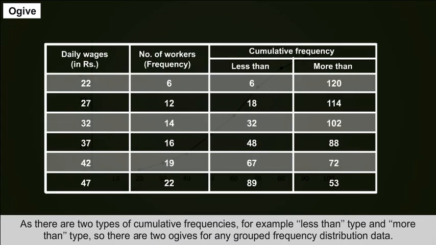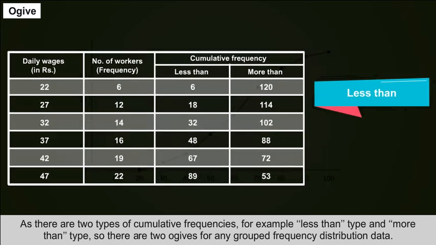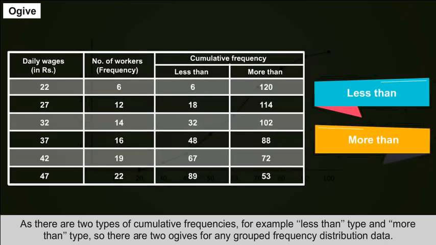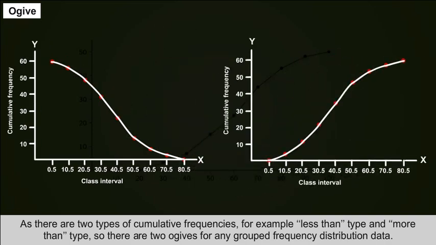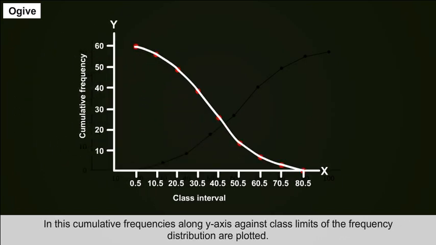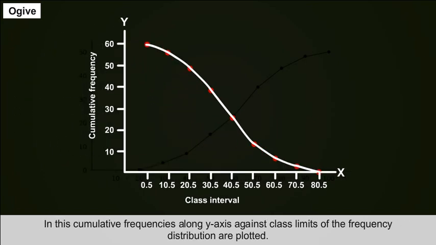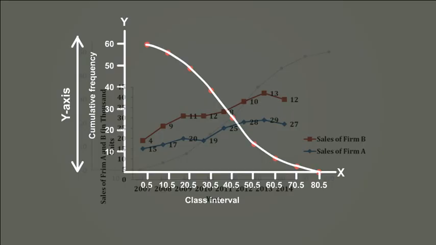As there are two types of cumulative frequencies, less than type and more than type, there are two ogives for any grouped frequency distribution data. In this, cumulative frequencies along the y-axis are plotted against class limits of the frequency distribution.